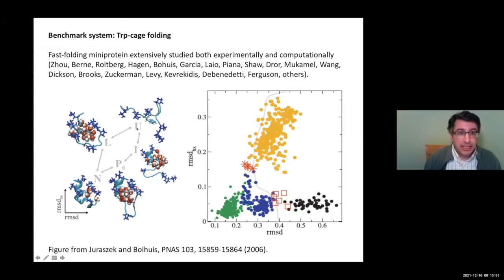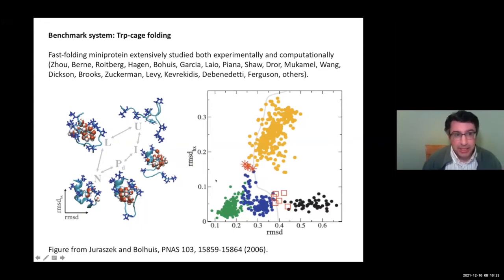You can see in this picture on the left that there are two folding pathways, one where the hydrophobic core forms first, and then this alpha helix, and one where this alpha helix forms first, and then the core. And we're going to make use of some very nice simulations from Peter Bolhuis some years ago.